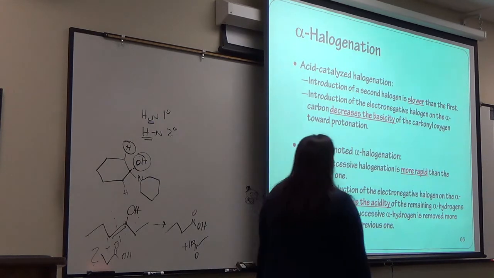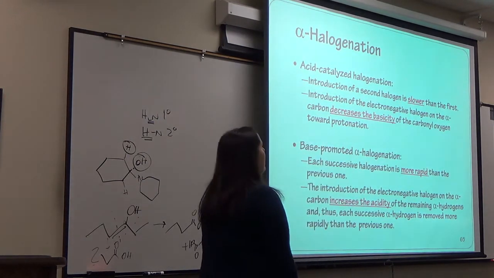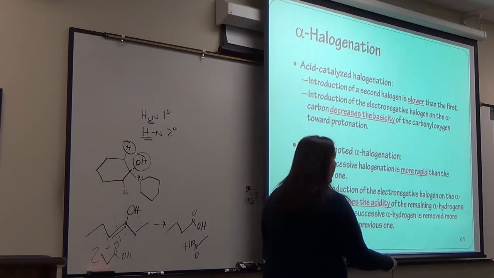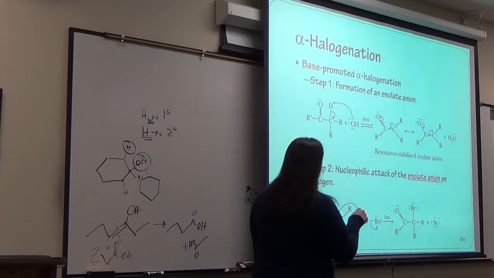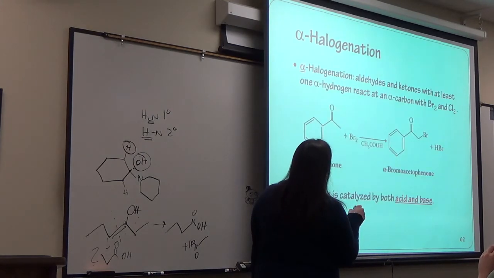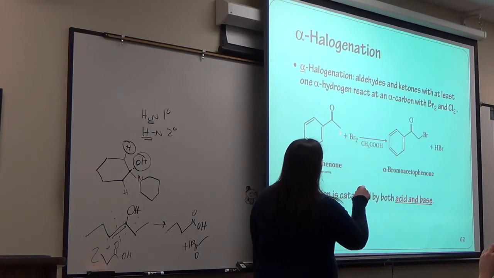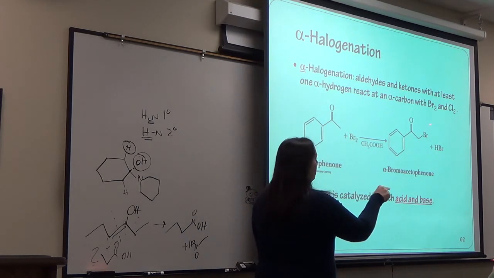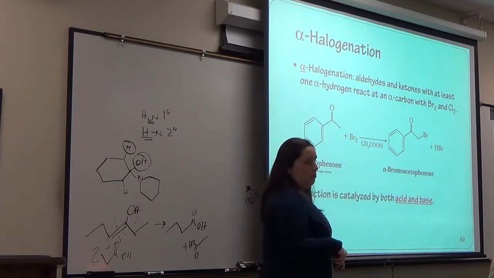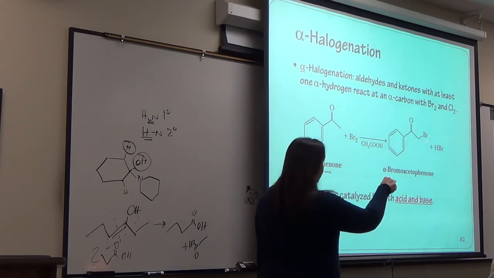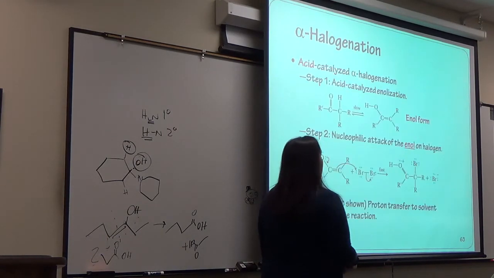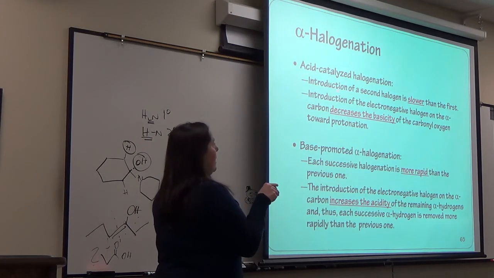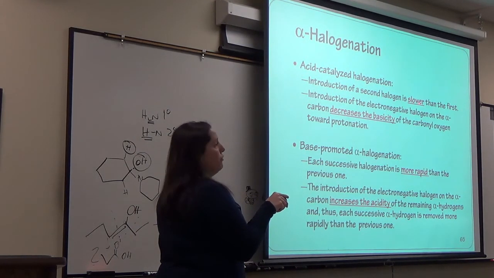Just a few things to consider: with the acid catalyzed, let's say I wanted to replace additional hydrogens, like there's a CH3 over here. I'm adding just one bromine, but let's say I want to add another bromine. There are still two hydrogens here, would you agree? When you're trying to do that, the acid catalyzed second halogenation is slower than the first.